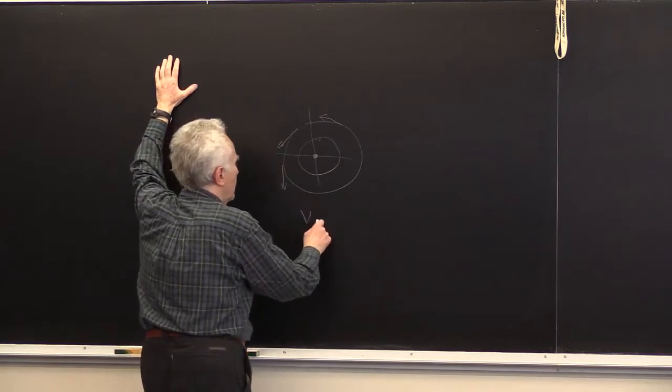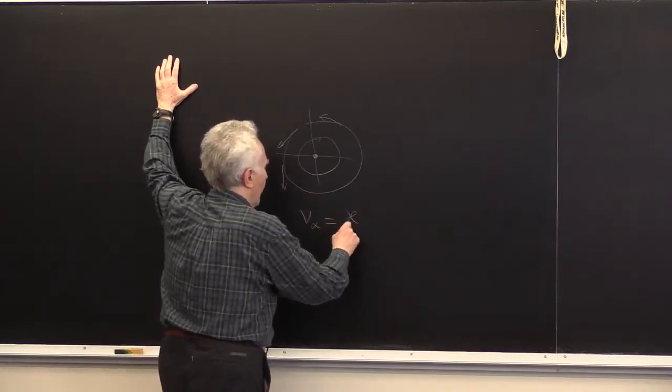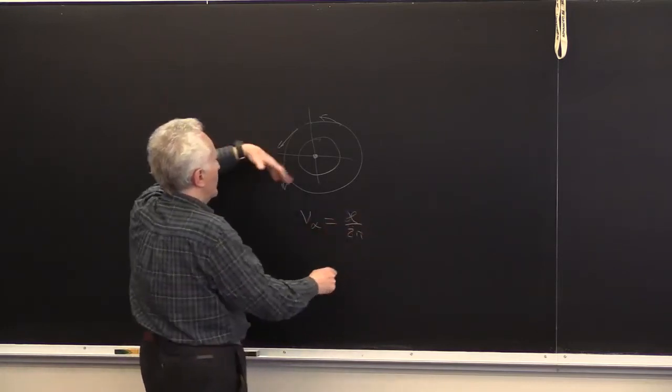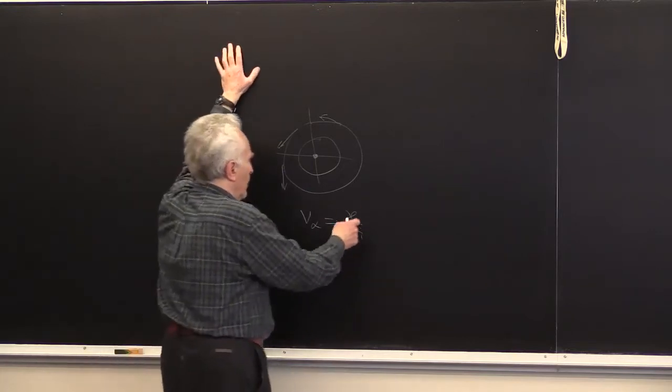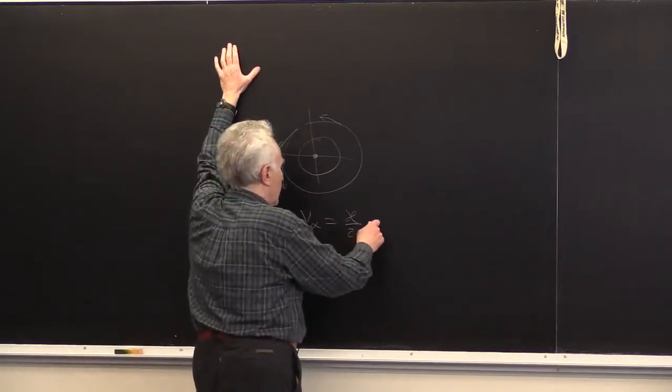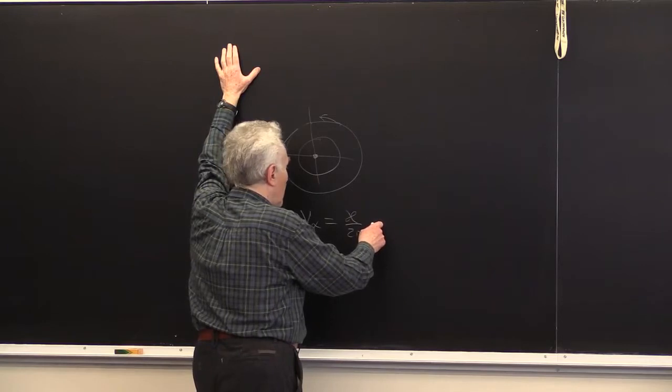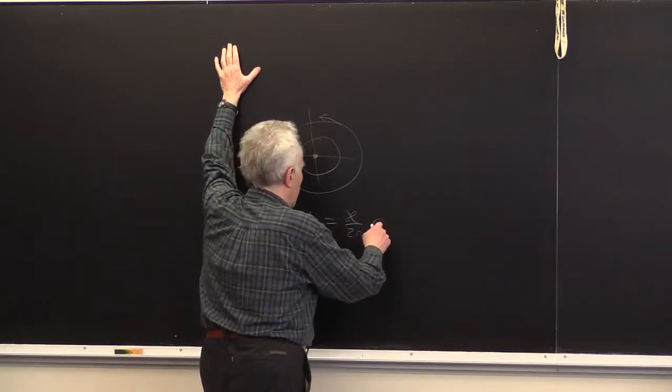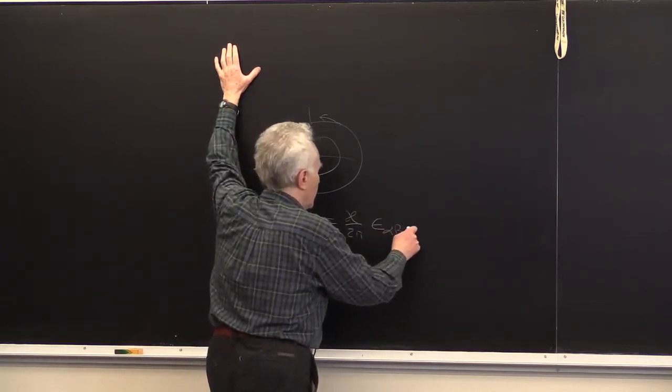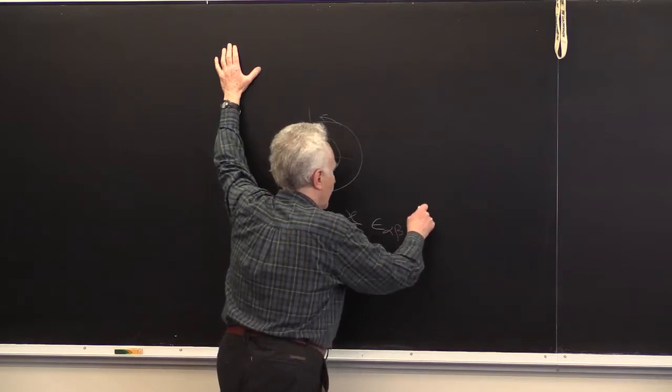And analytically, it is given by a formula where kappa is the strength of the vortex, and we actually have to multiply by the anti-symmetric tensor.